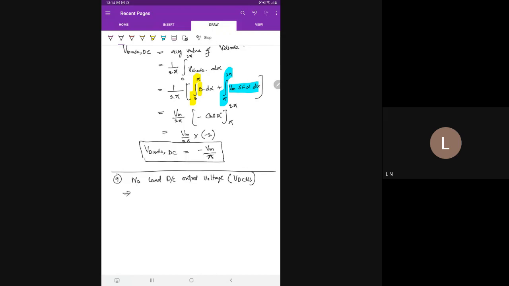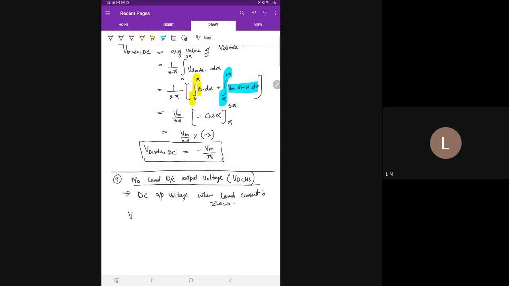This is basically the parameter which will measure the DC output voltage of the half-wave rectifier when load current is 0. When load current is 0, that is the open circuit voltage at the output.